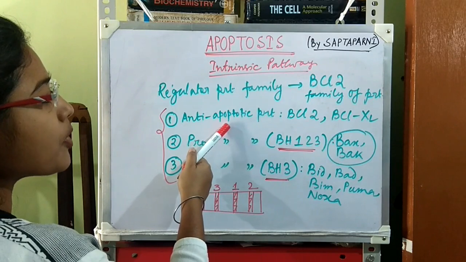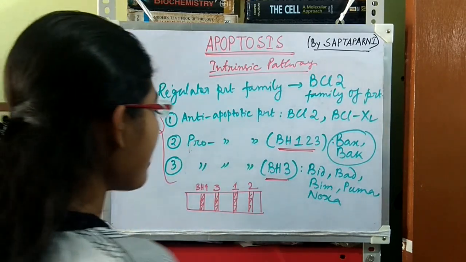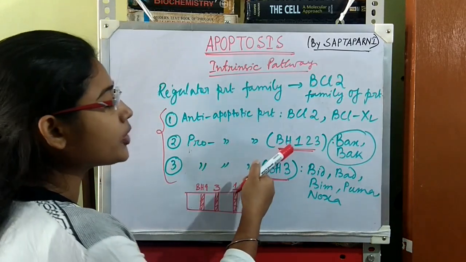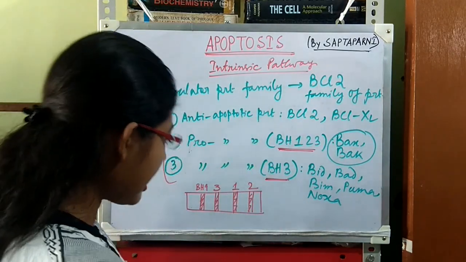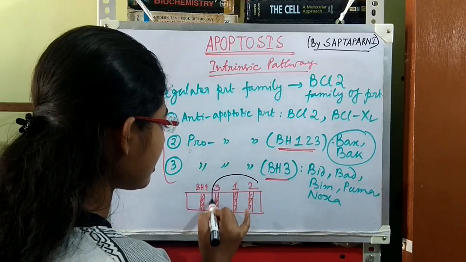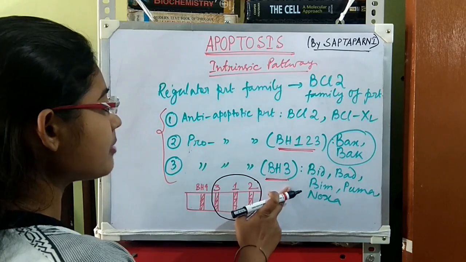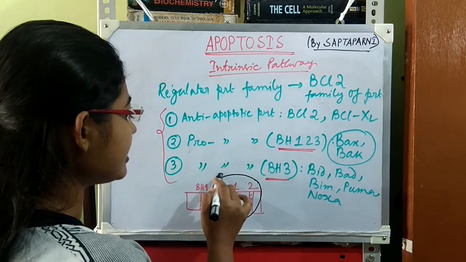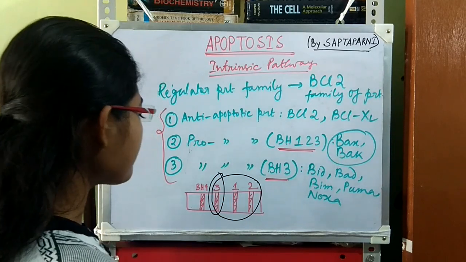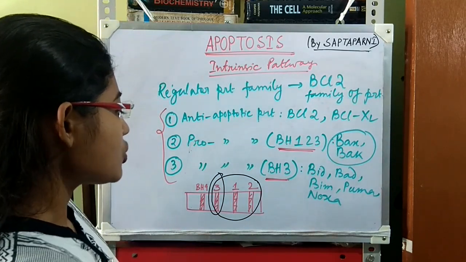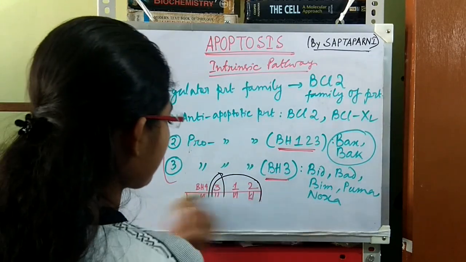The anti-apoptotic proteins share all 4 domains among them, but the proapoptotic BH1 to 3 proteins share only these 3 homology domains, 1, 2 and 3, and the BH3 proteins have only this BH3 portion of the BCL2 family. So that is why they are named as such.